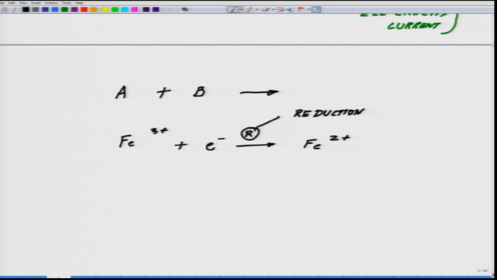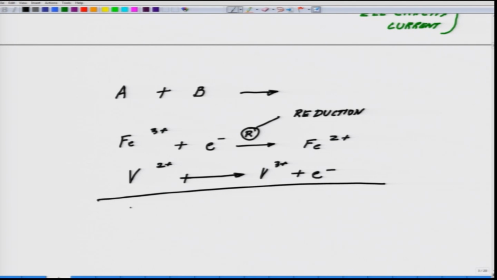Similarly, you do the next thing. You take vanadium which is standing at 2+ state, and this vanadium gets oxidized by donating an electron. If you add up this reaction, what you land up with is Fe3+ plus V2+, and that leads to Fe2+ plus V3+.